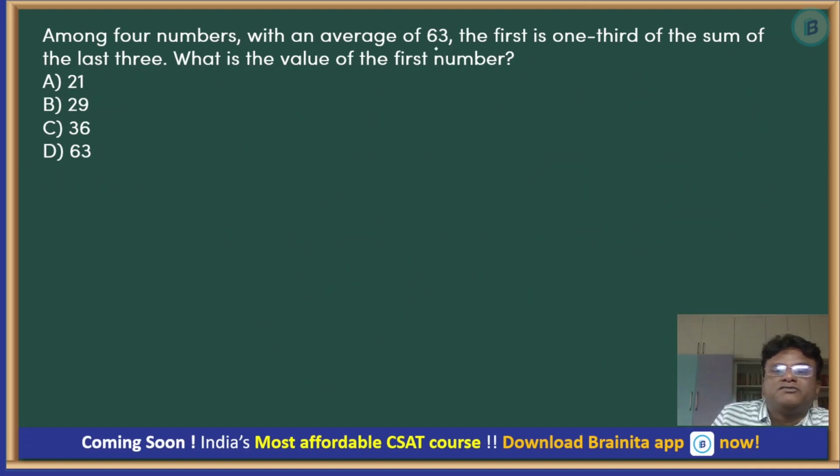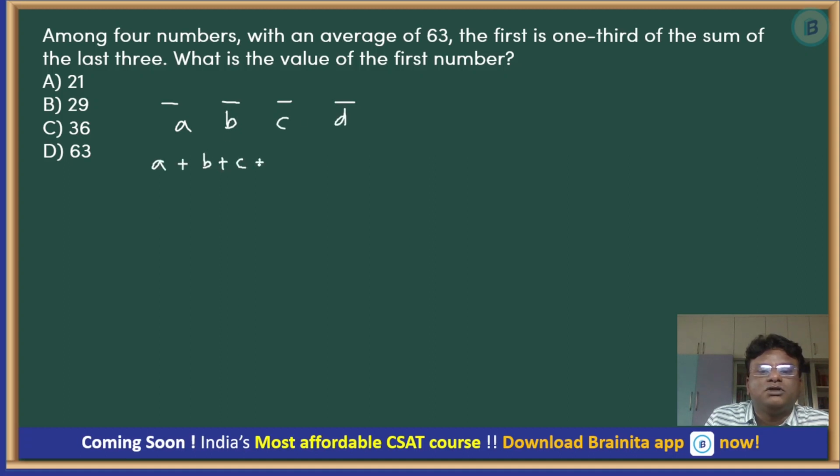Among four numbers with an average of 63, the first is 1/3 of the sum of the last three. What is the value of the first number? So these are four numbers. Let us say that they are A, B, C, D. Their average is 63, so we know that A plus B plus C plus D is 63 into 4. One thing that you should remember is that you shouldn't solve this.